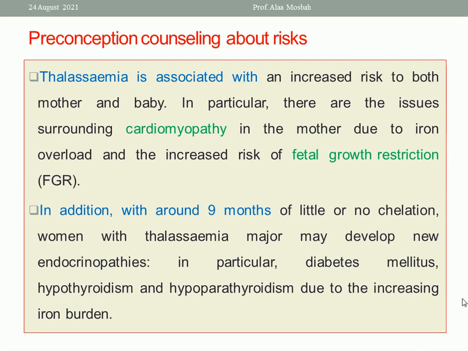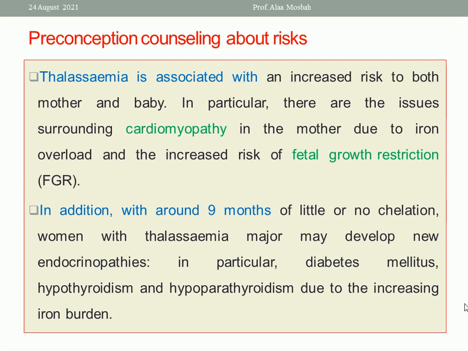In addition, over around 9 months of pregnancy with little or no chelation, women with thalassemia may develop new endocrinopathies.